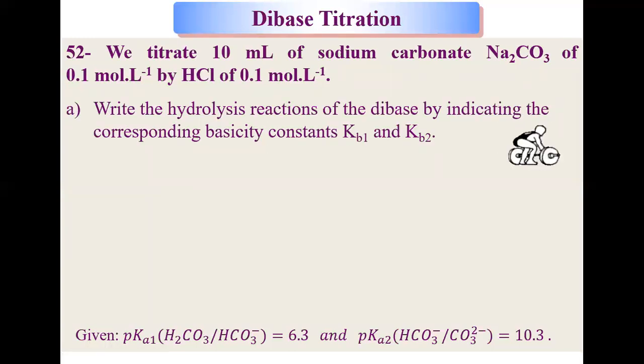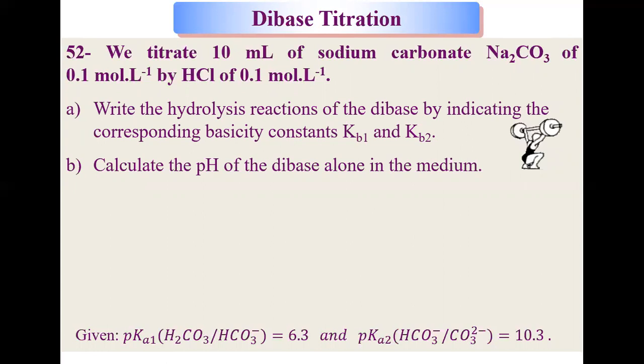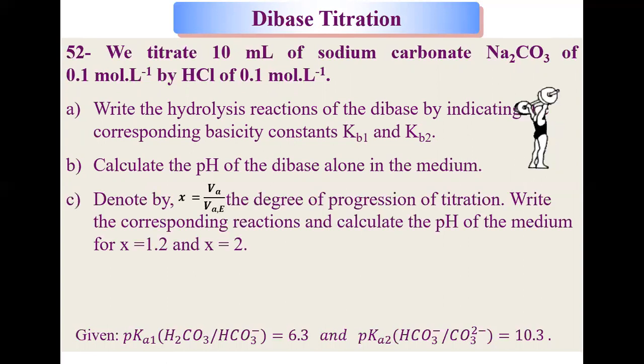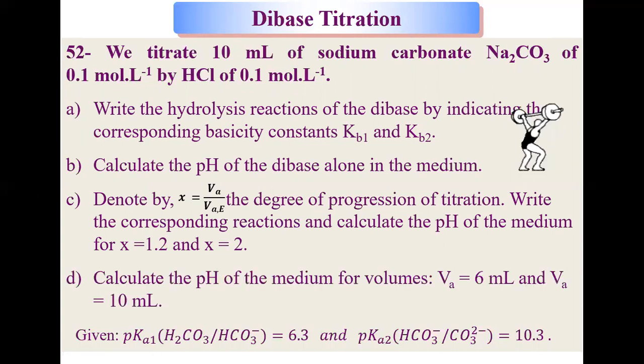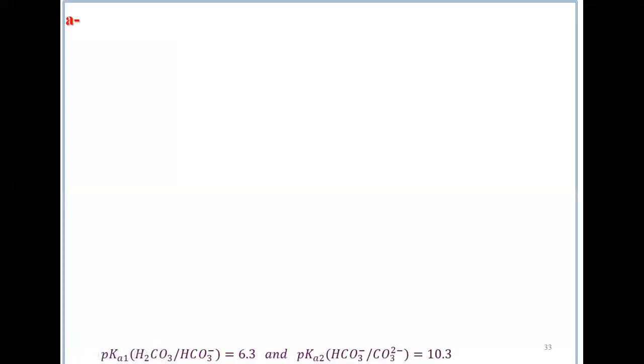Write the hydrolysis reaction and indicate the pKa1, the Ka1, Kb1, and Kb2. Calculate the pH of the dibase alone. And part C, they gave you different X's and they asked you to get the pH. And part D, they gave you different volumes and they ask you to get the pH.